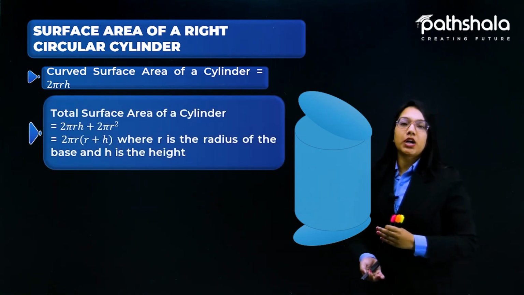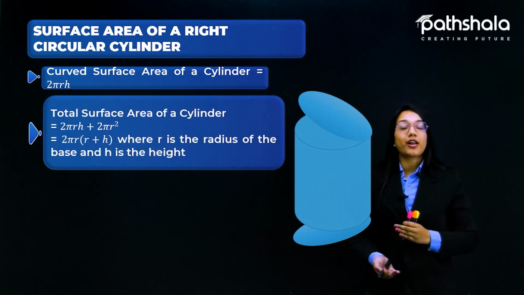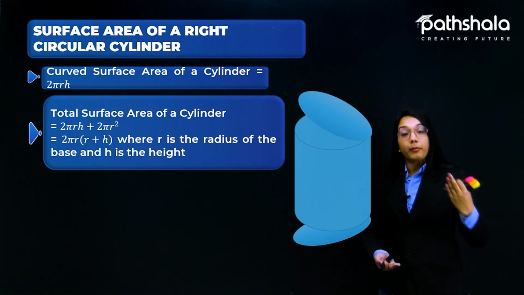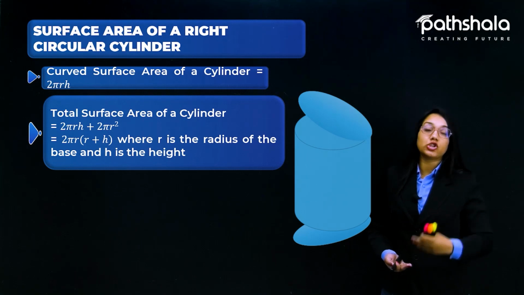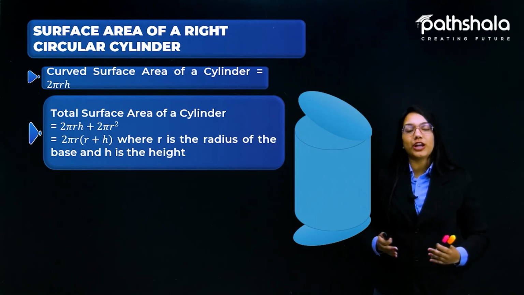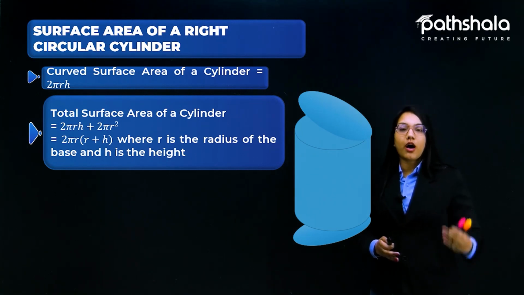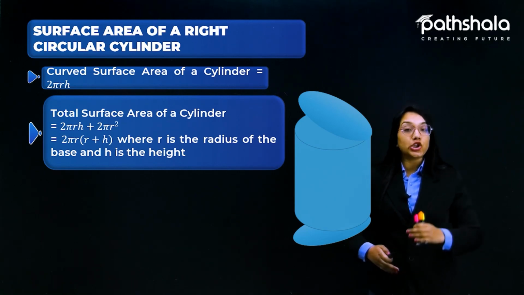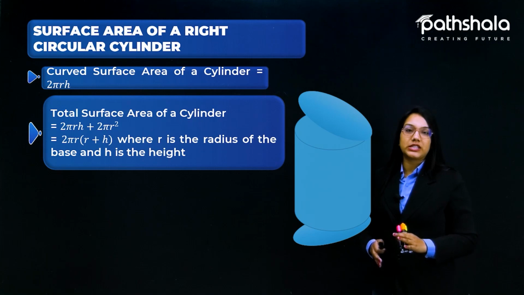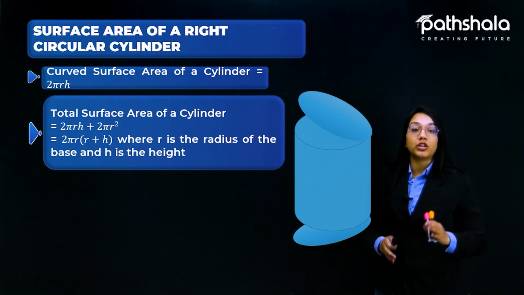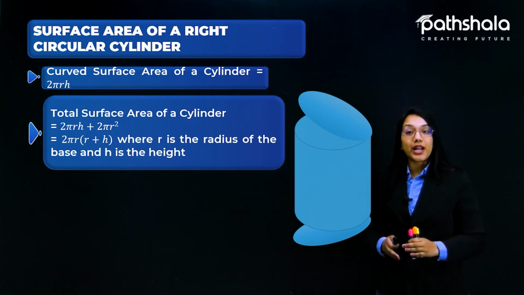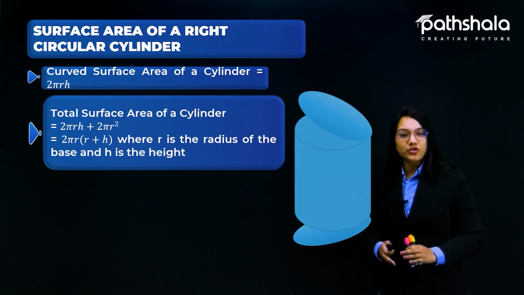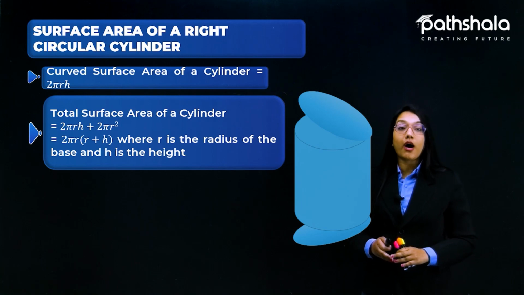Hence the total surface area of a cylinder is 2 pi r h, the curved surface area, plus the area of the top plus the area of the base, which is 2 pi r square, and at the end we can write it as 2 pi r into r plus h, where r is the radius of the base and h is the height. So this is all about the surface area of the cylinder, in which we have talked about the curved surface area, which is 2 pi r h, and the total surface area, which is 2 pi r h plus 2 pi r square, which can also be written as 2 pi r into r plus h.